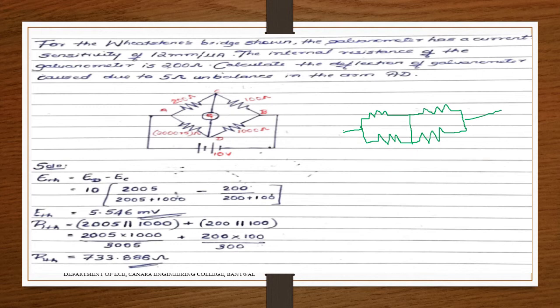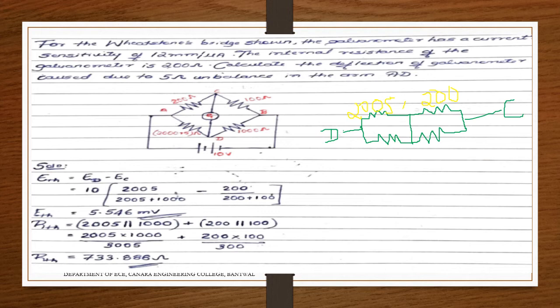This is D and this is C. After D, which is the 2005 and 200 here, because A and D are shorted.